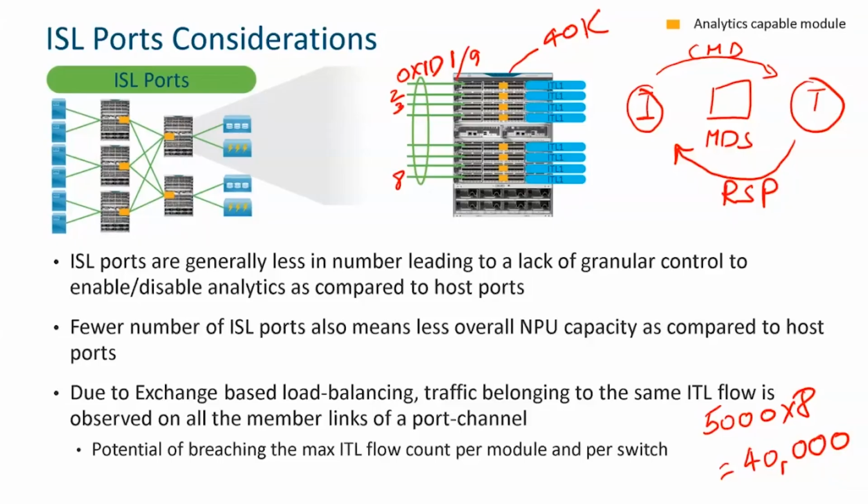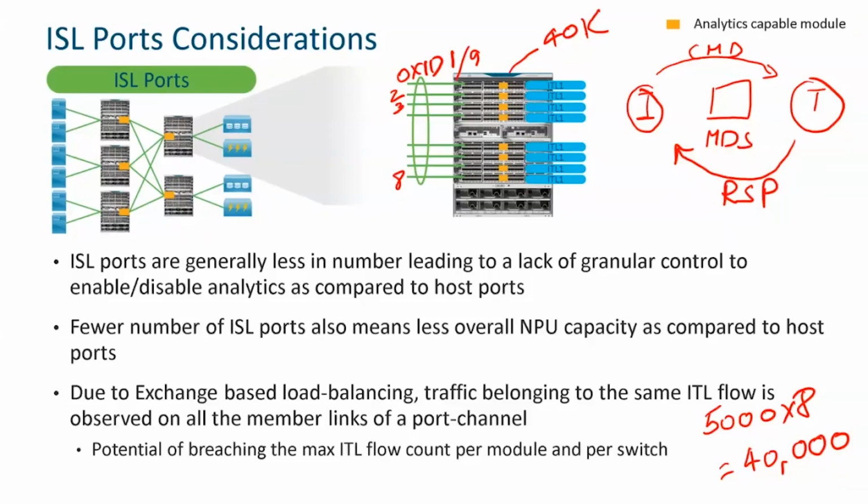The point is that the server initiating the read data could potentially be using every one of those links. So wouldn't it be better to just focus on the server rather than the ISL ports?